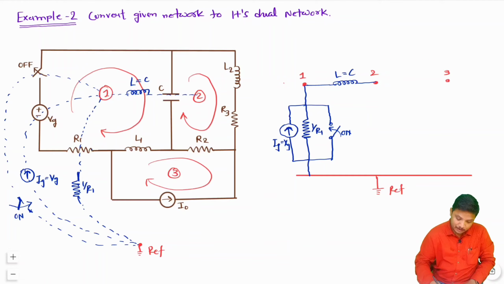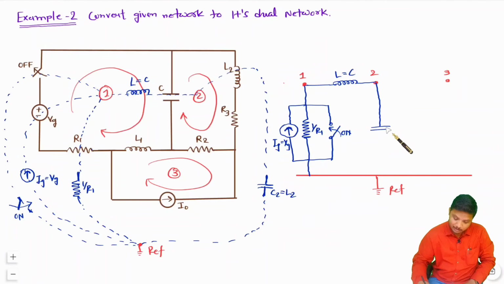Now if you see this inductor L2, that is connected from node 2 to reference. Let me show you how it is connected from node 2 to reference. This inductor L2 gets converted into a capacitor C2, and its value will be L2 only.